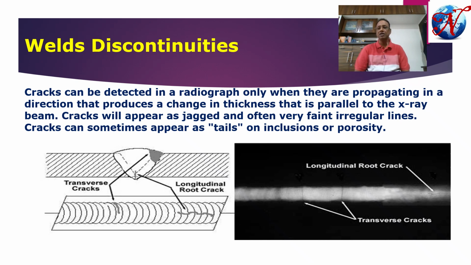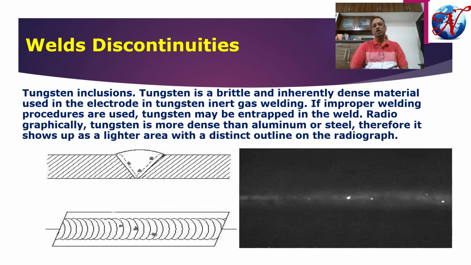The cracks may be longitudinal in direction, running parallel to the weld, or they may be transverse to the weld. When it is transverse in nature, it is known as a transverse crack. It is very difficult to identify a transverse crack by radiography due to the parallel radiation beams with that particular defect. But the transverse crack can be identified, so correctly.